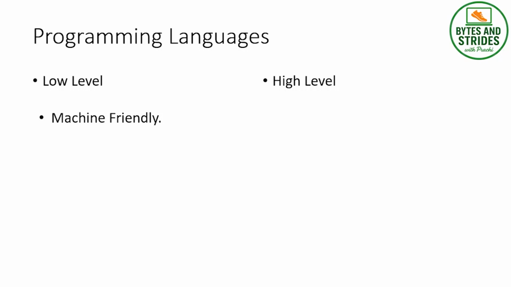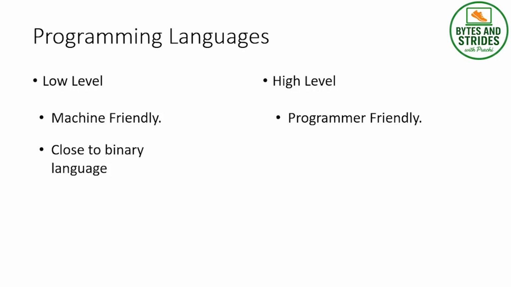Whatever you write, the machine is going to understand very easily. High-level languages are programmer-friendly because they are English-like languages. Not pure, grammatically correct English, but they are English-like languages. Low-level languages are going to be very close to binary language, whereas high-level languages, as I said, are going to be English-like.